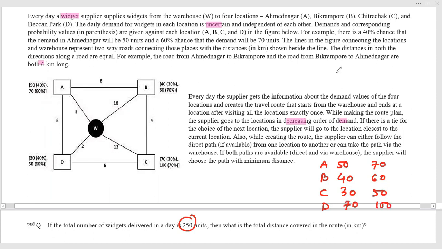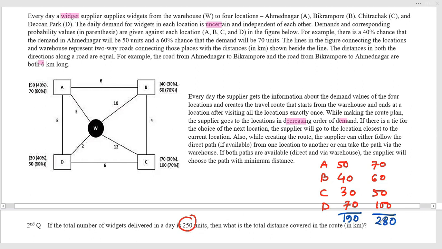Now, out of that, if you check the left-hand side possibilities, this summation is coming as 190. If you take this one, it is coming as 210, 290, 210, 210, 80, 280. Now, the point is it is 250 units.